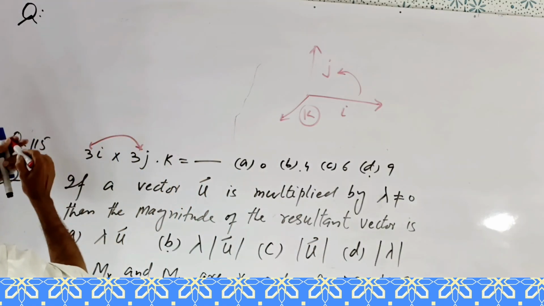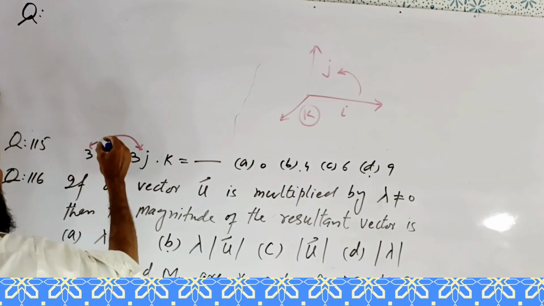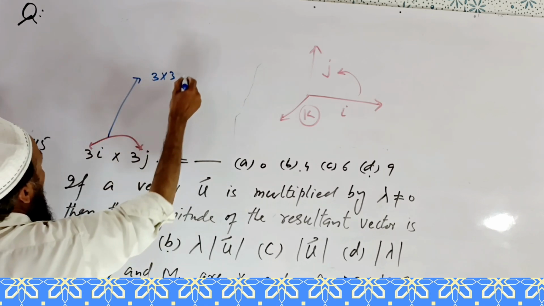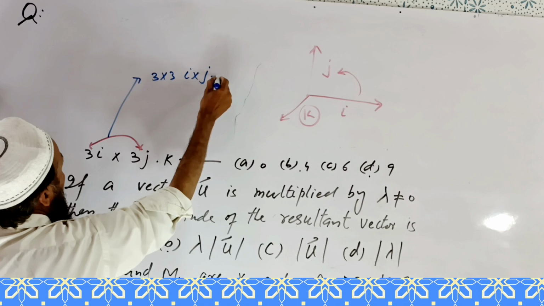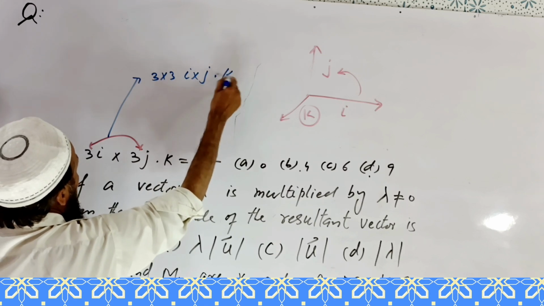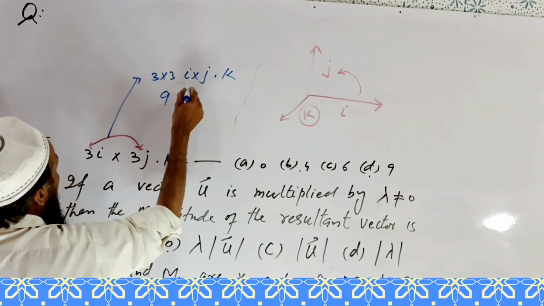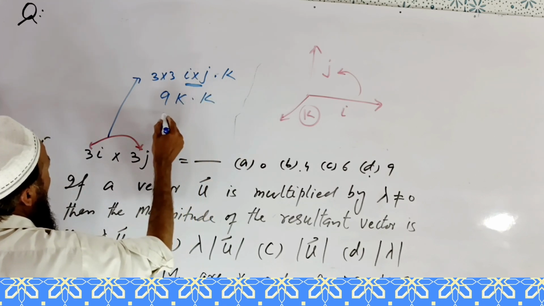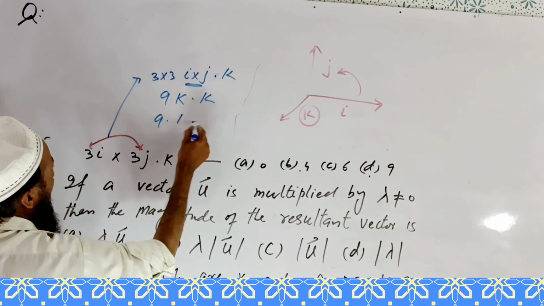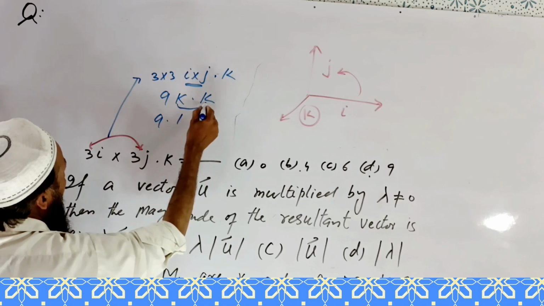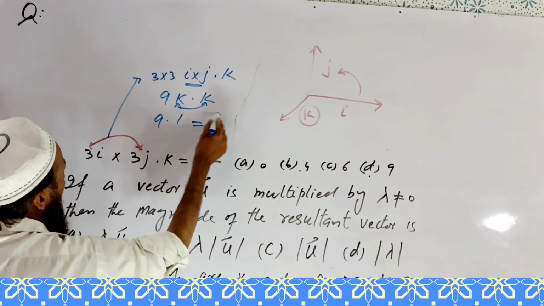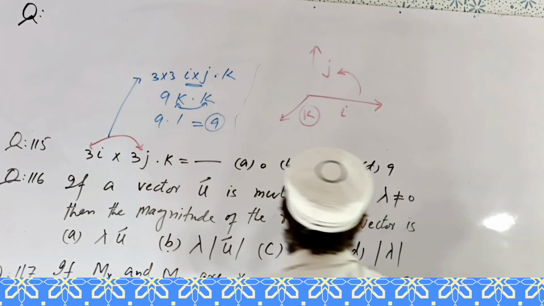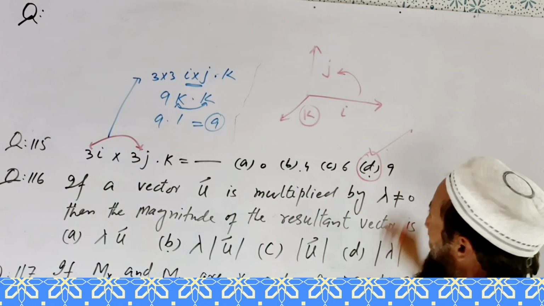And 3 multiplied by 3, we get 9, and i cross j we get k, and k dot k. Now k dot k is equal to 1, so the result is 9. D is the correct answer.